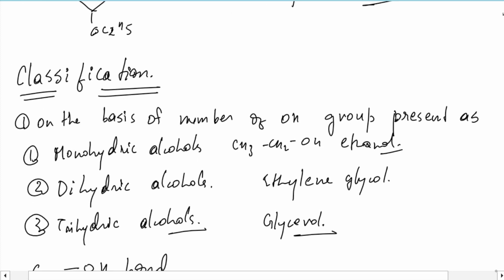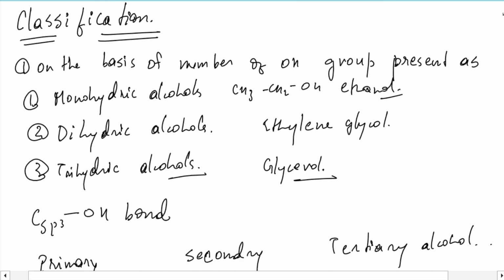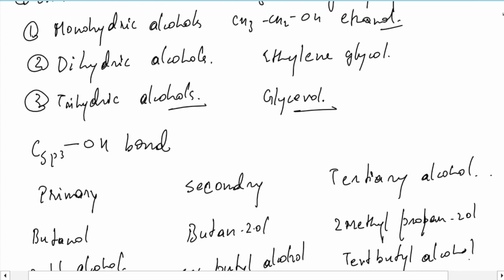Let's come to classification. So classification on the basis of number of OH groups present, that's monohydric alcohols, dihydric alcohols and trihydric alcohols. Monohydric alcohol is ethanol, CH3CH2OH, dihydric alcohol is ethylene glycol, CH2OH, CH2OH, and trihydric alcohol is glycerol, that is CH2OH, CHOH, CH2OH.